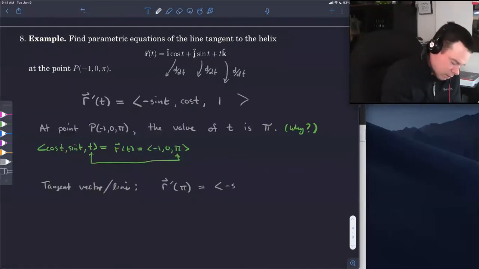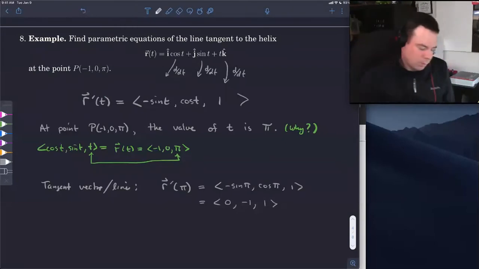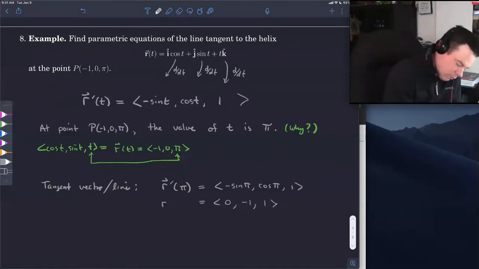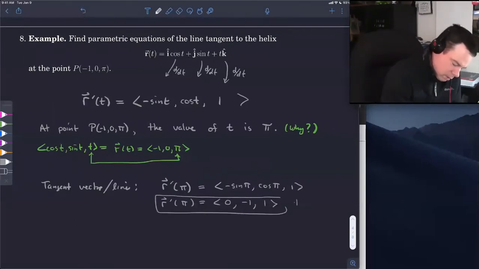That's negative sine pi, cos pi, and 1. So sine pi is 0, cos pi is -1, and 1 is just 1. So that's our tangent vector.